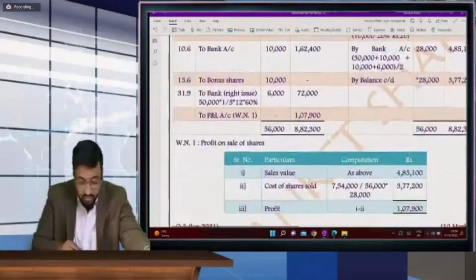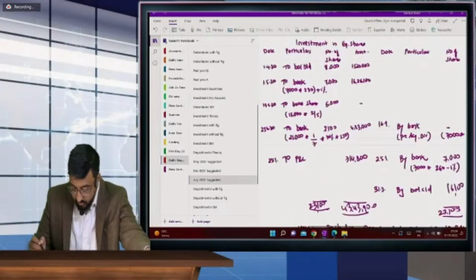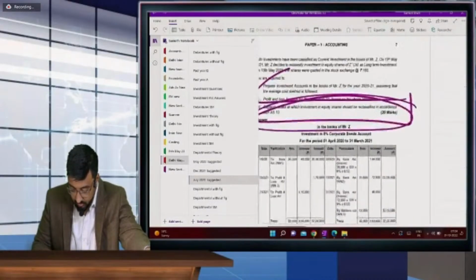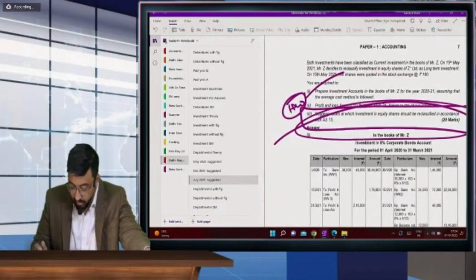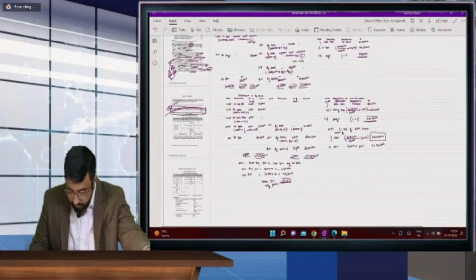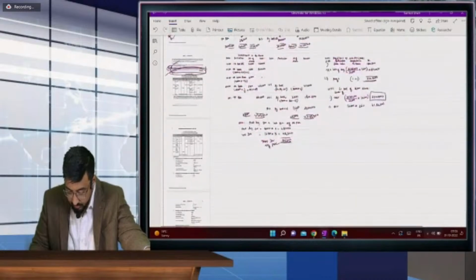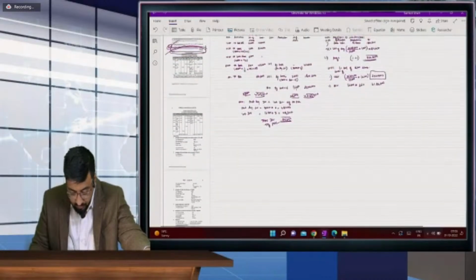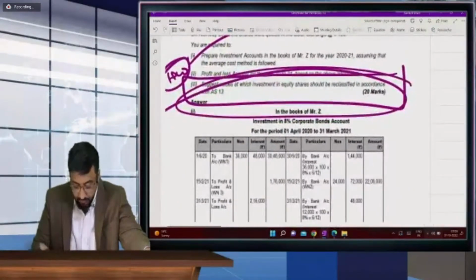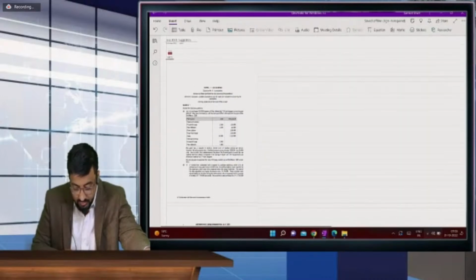Which was the last question done? Anyone? Last question, July 2021. We have completed till question 2, and what is asked, beta, in the last one?